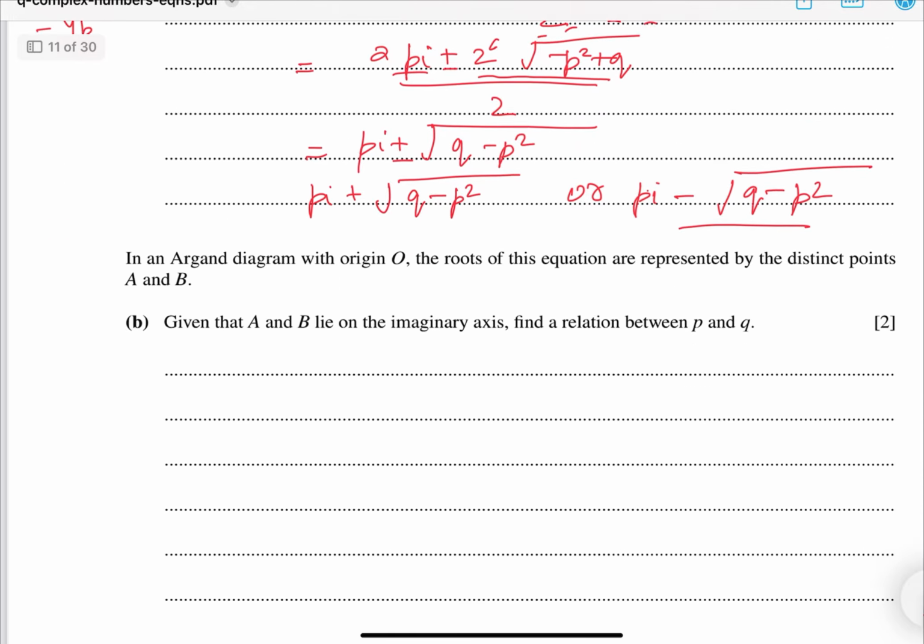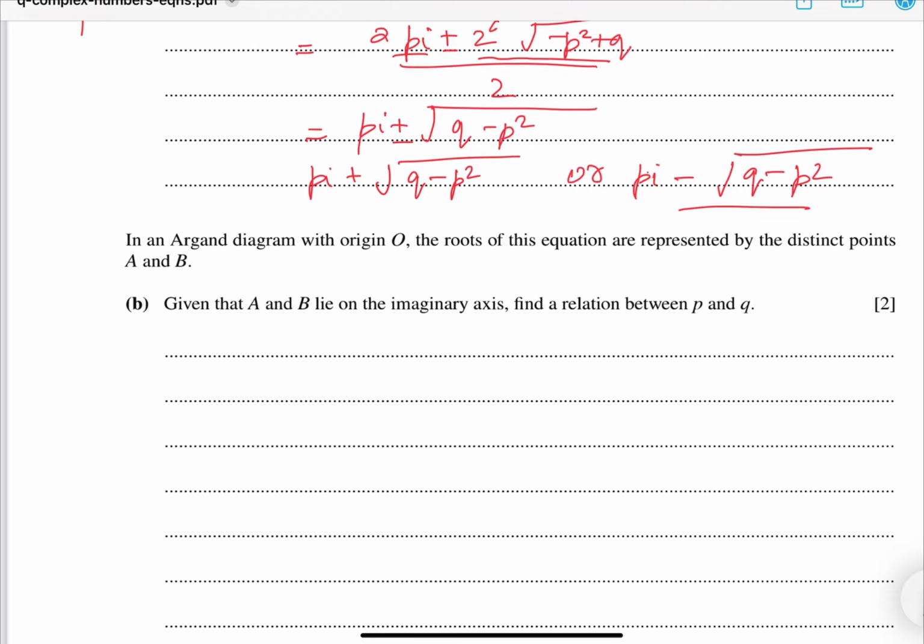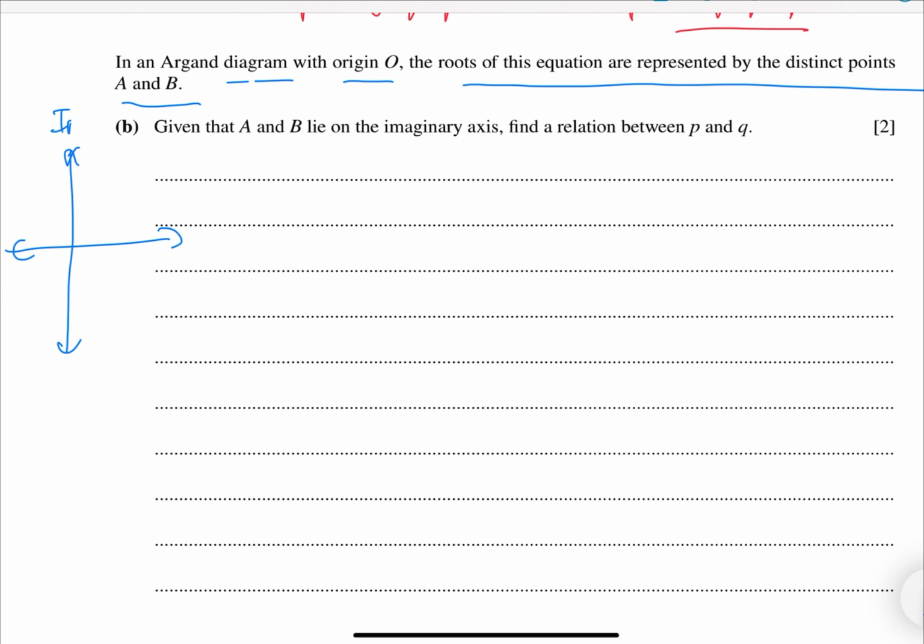Let us move on to the next part of this question. In an Argand diagram with origin O, roots of this equation are represented by distinct points. So if we represent the roots on an Argand diagram, this is the imaginary axis and this is the x-axis, the real axis, right?